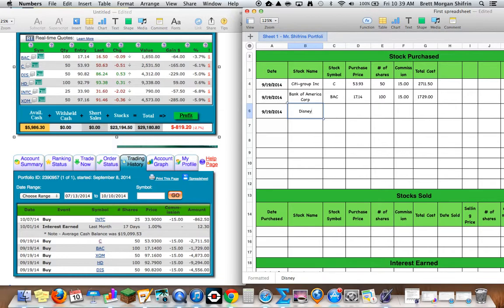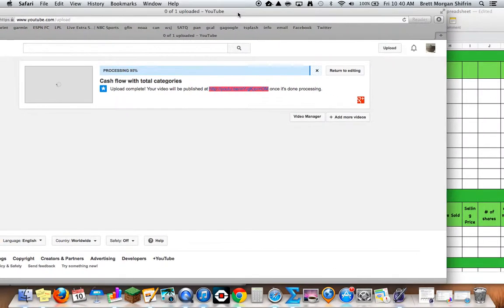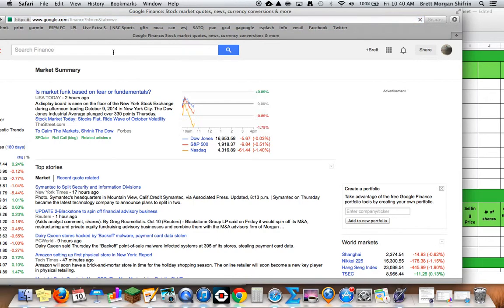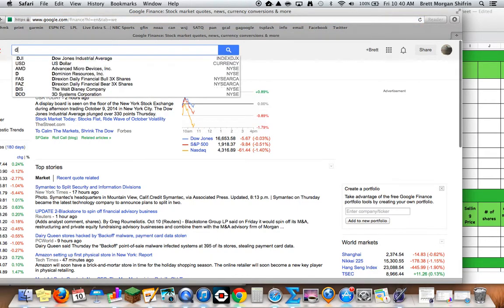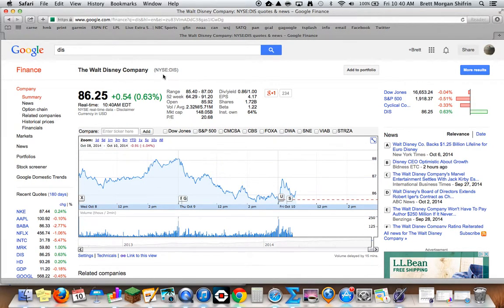Okay, and I believe it's Disney Inc. I'm not sure, so how can I find that? Well, I can go on here to Google Finance, which I have bookmarked right here. If I type in Disney, you can see it's the Walt Disney Company, so I want to use that name.